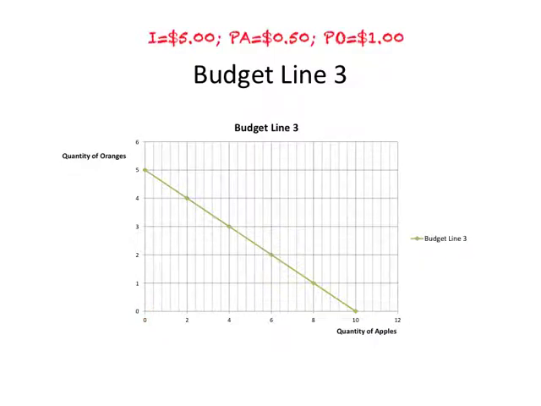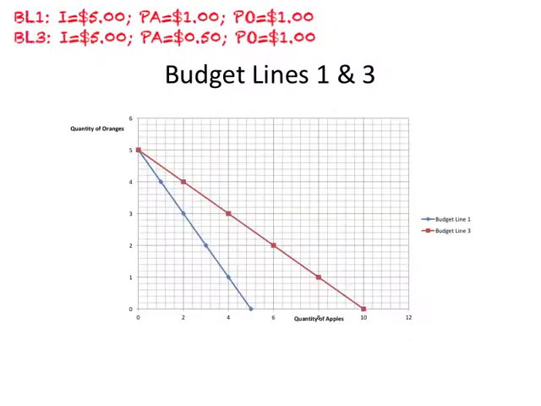And if this person decides to buy only oranges, given the prices and income, this person can buy a maximum of 5 oranges. So this line we have pertaining to this new financial situation, let's call this BL3, and just calculate the slope of BL3. It will be -1/2. That's something you should be able to do.